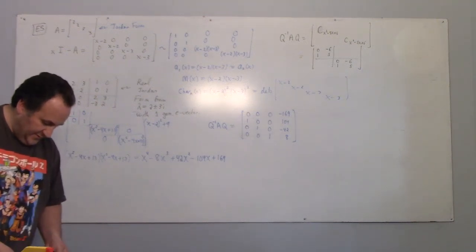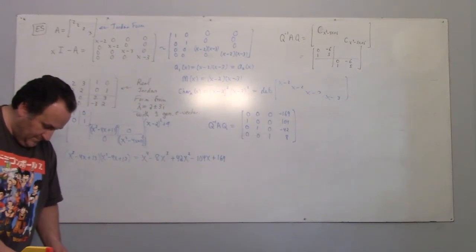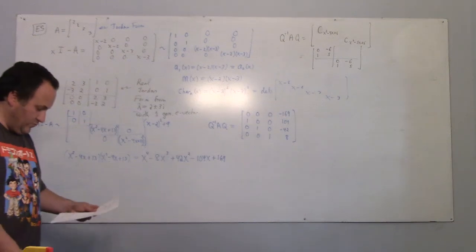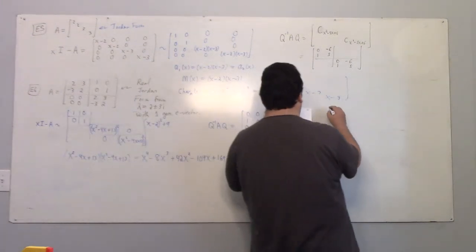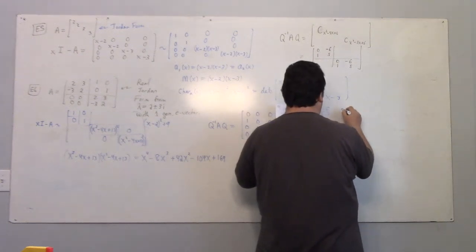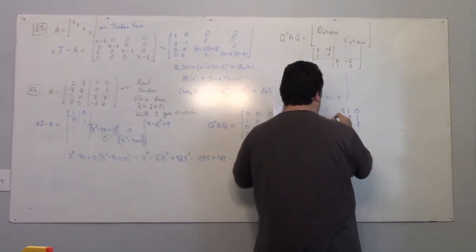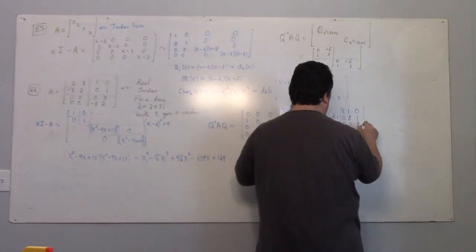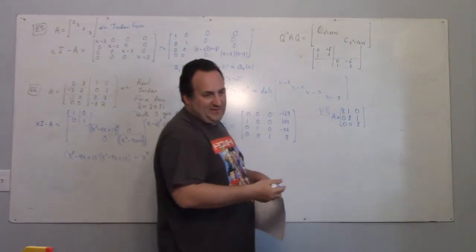Let's see here, what else can we show you? If we were to look at the matrix 8, 1, 0, 0, 8, 1, 0, 0, 8, this is again a matrix in Jordan form.